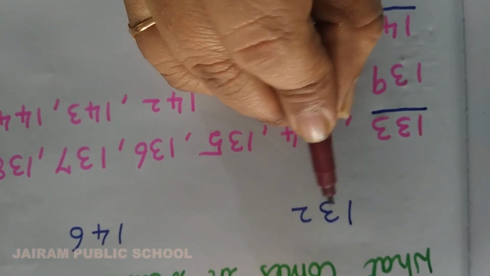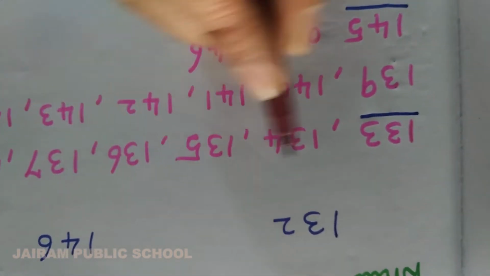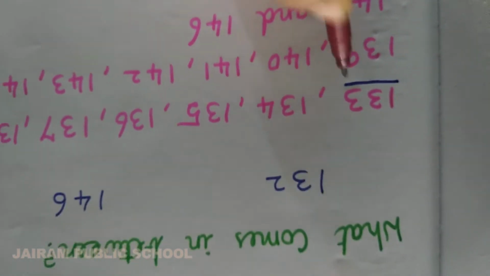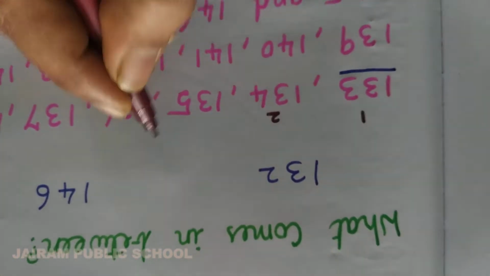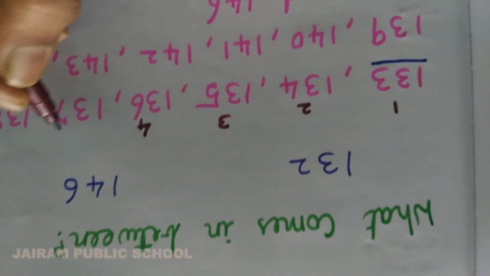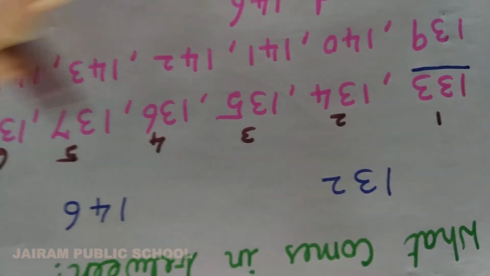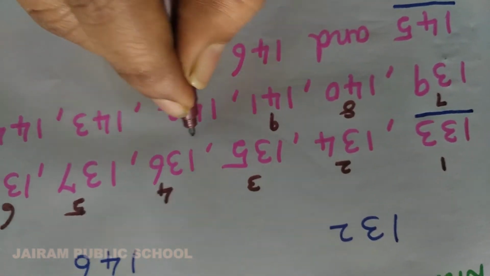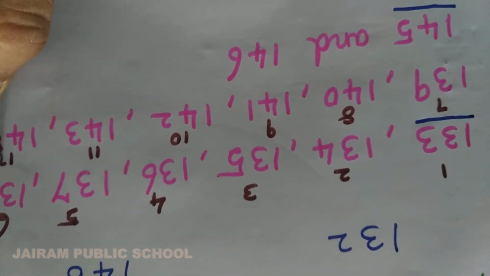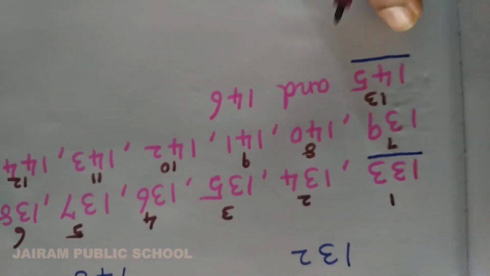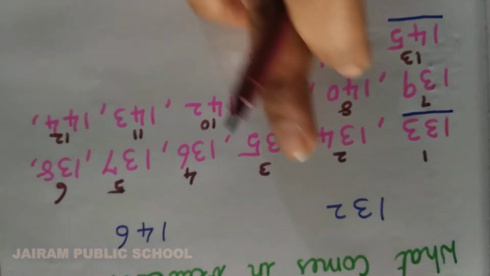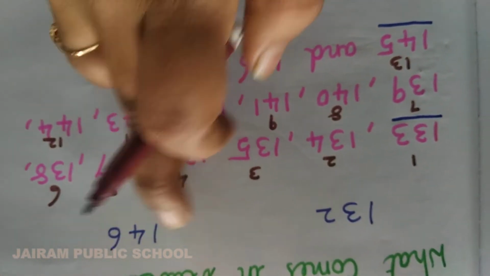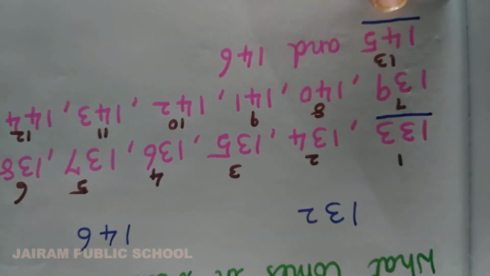So between 132 and 146, how many numbers do we have? See, 1, 2, 3, 4, 5, 6, 7, 8, 9, 10, 11, 12, 13 numbers we are having, Kana. Between these two numbers, we have 13 numbers.